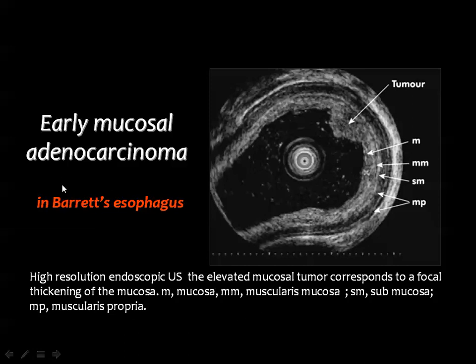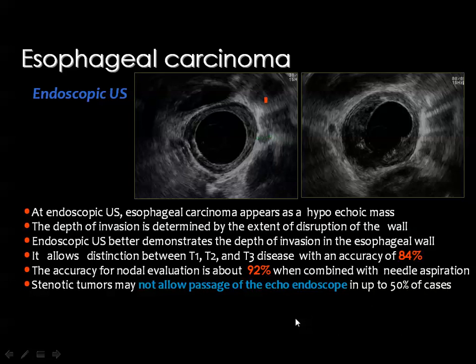Then this is a presentation of a very early esophageal cancer affecting the mucosa by endoscopic ultrasound, and this was a case of Barrett esophagus with esophageal adenocarcinoma. This arrow points to one of the affected lymph nodes in the region of the esophageal tumor.